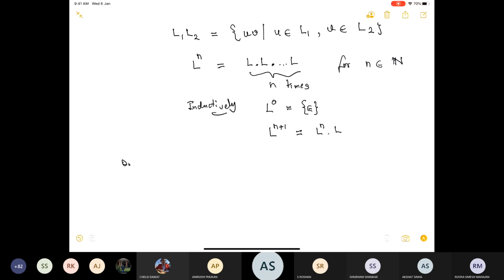Here's an example. Suppose L, let me take a finite language here, is epsilon, 0 1, 1 0.